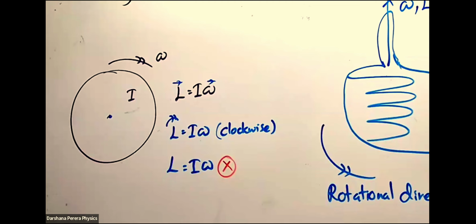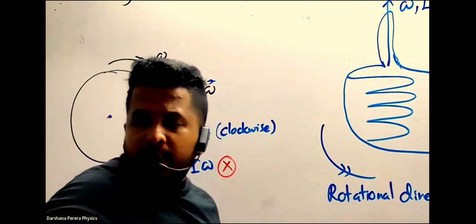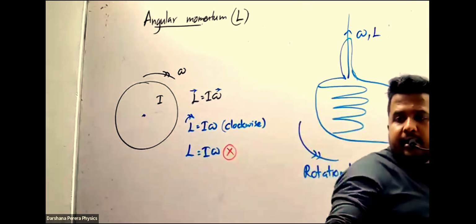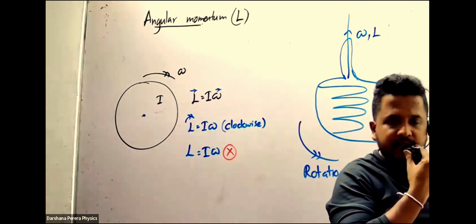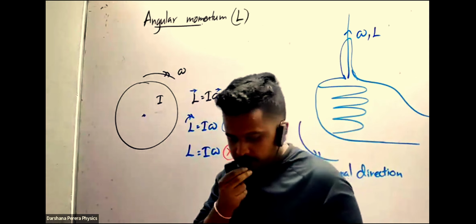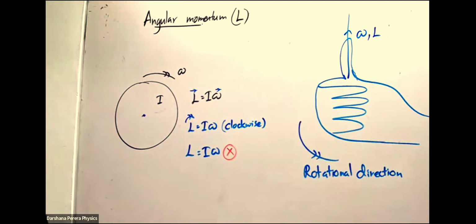Okay, write down. Capital L is the angular momentum. Angular momentum is a vector.